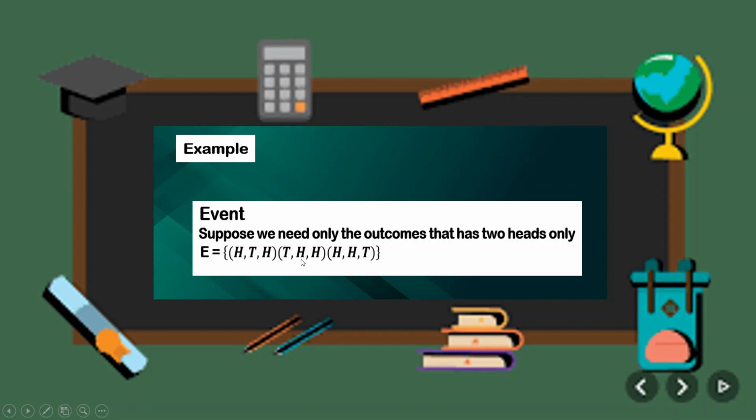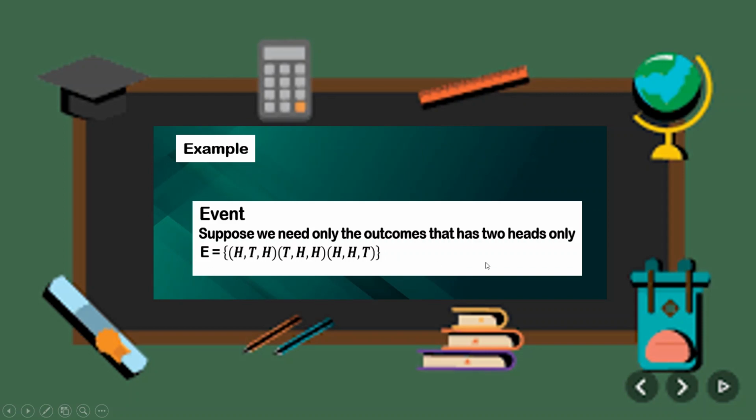From the given 8 outcomes above, we can write a set of outcomes that comprise only 2 heads, which are HTH, THH, and HHT. You see there are only 2 heads, and so this now composes a subset of that sample space, which is called the event.